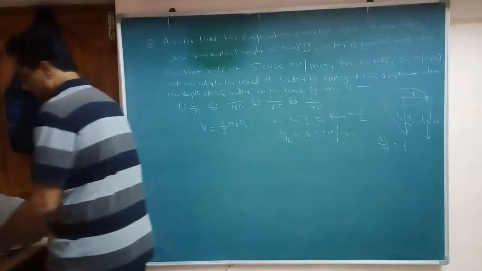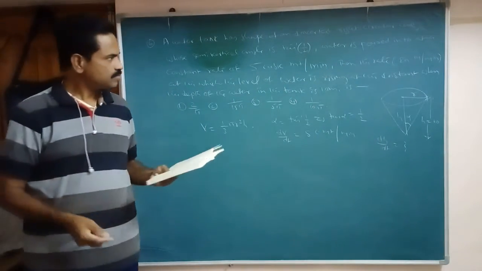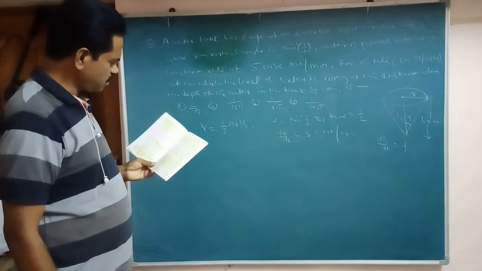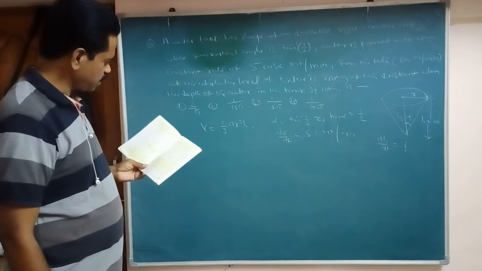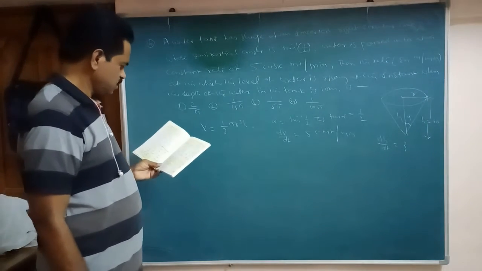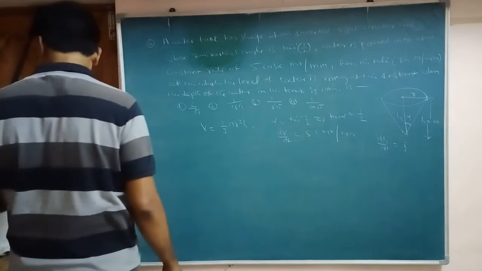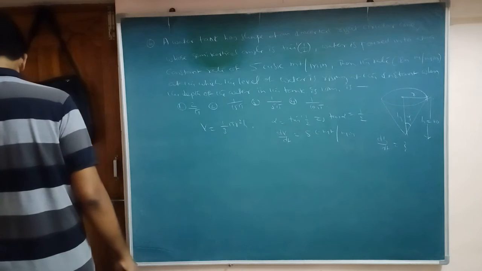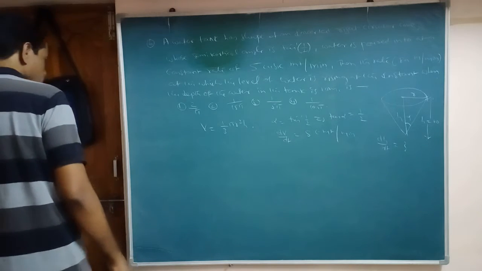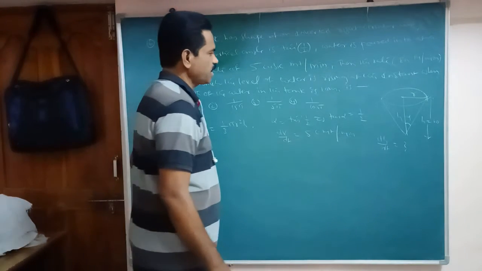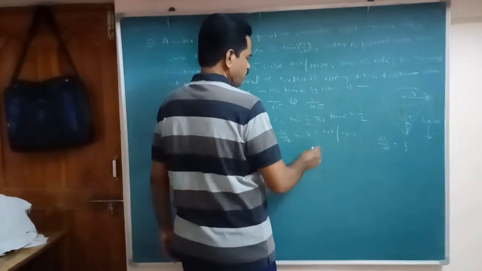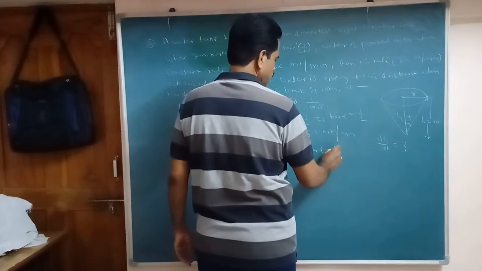So what is given here? The depth of the water in the tank is 10 meters. Tan alpha equal to 1 by 2 is given.